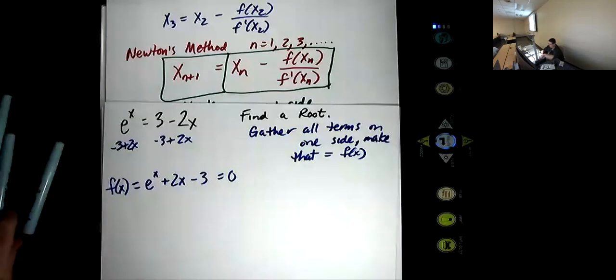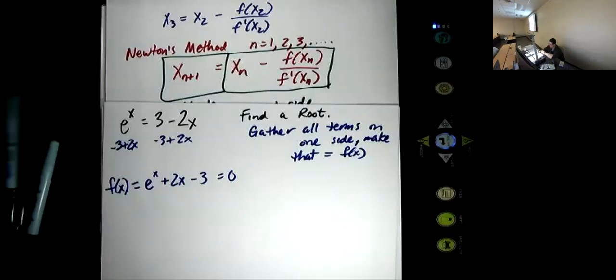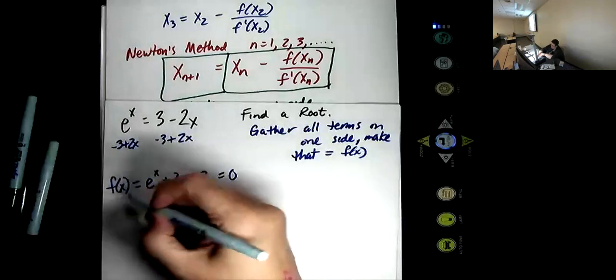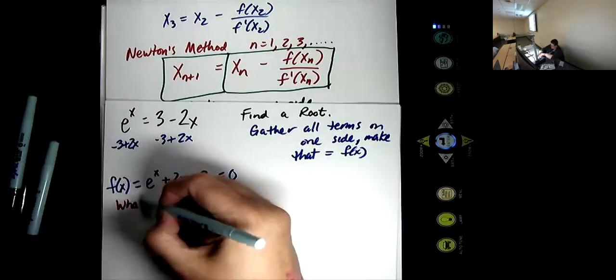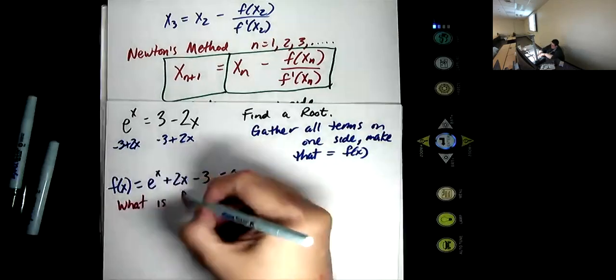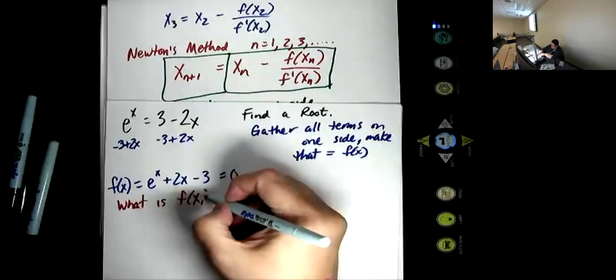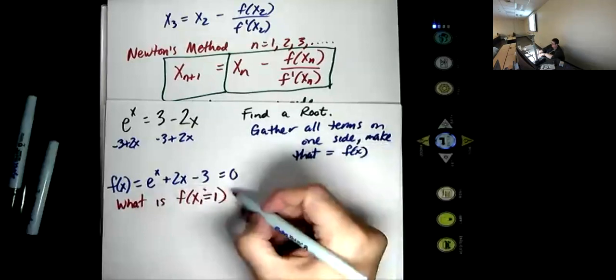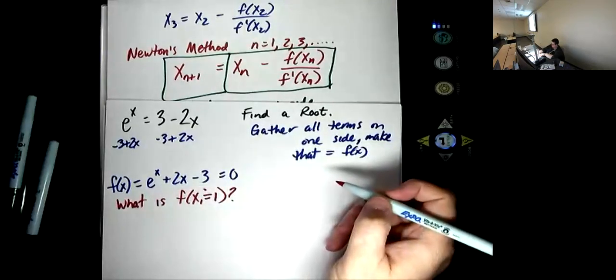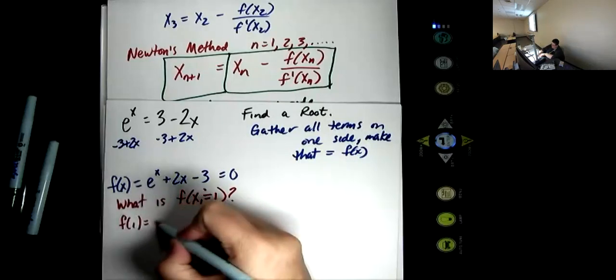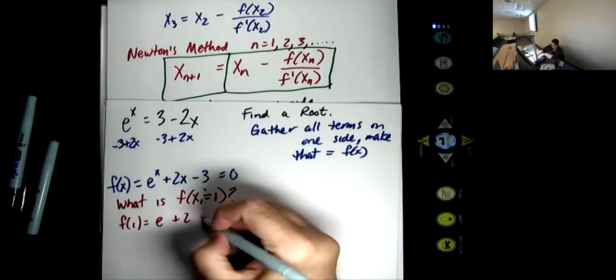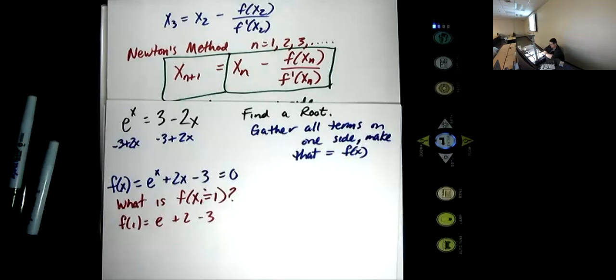Let's take a look at what x equals 1 looks like. So f of 1 is e plus 2 minus 3.